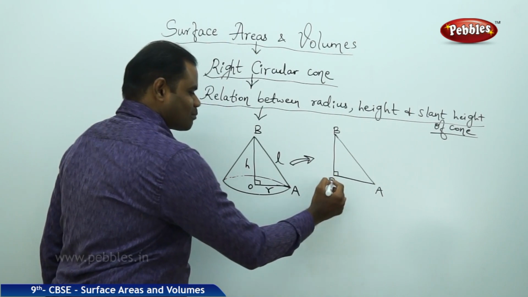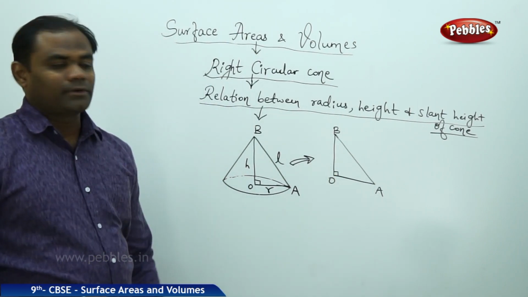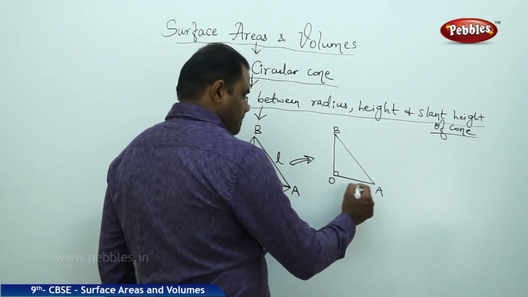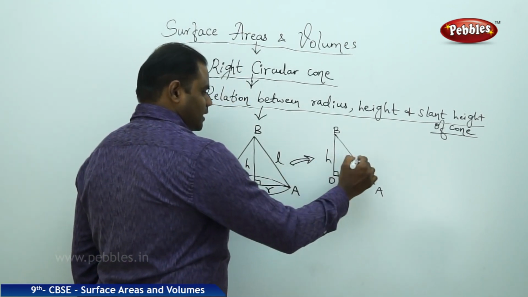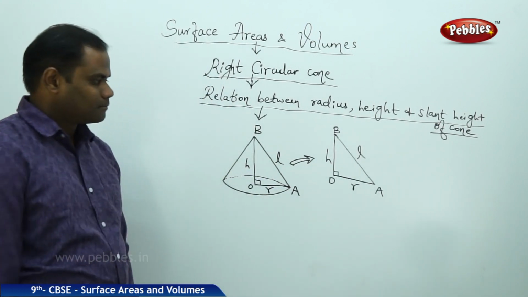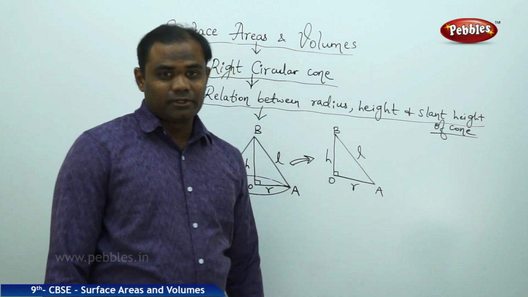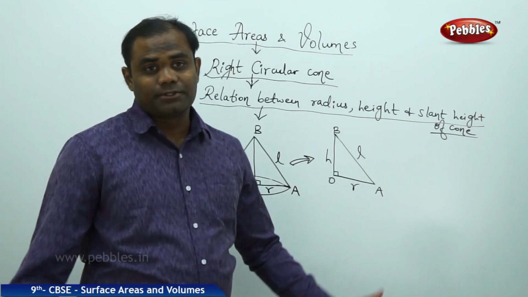In this case, OA is the radius, OB is the height, and AB is the slant height. Since this is a right angled triangle, the first thing which strikes my mind is the Pythagoras Theorem.